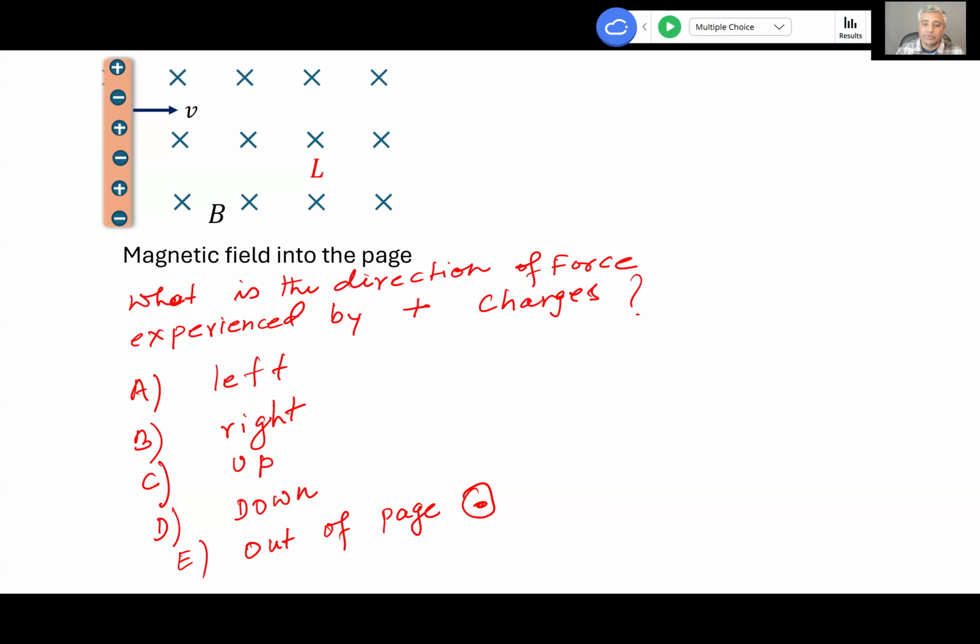So your palm should be pointing away from you, towards the screen. Now crawl your fingers towards the screen, and what direction your thumb is pointing? It is pointing up, right? So it's pointing up. So C is the correct answer in this case.